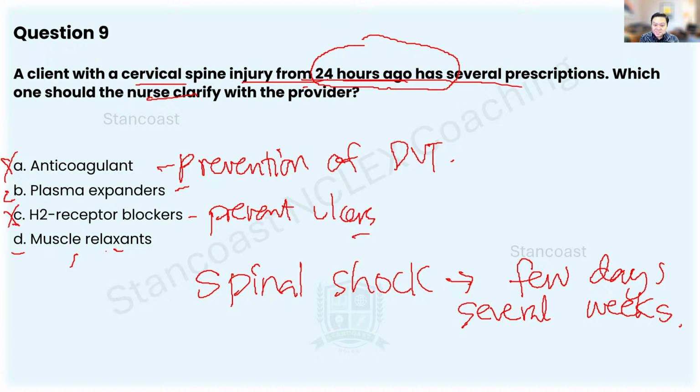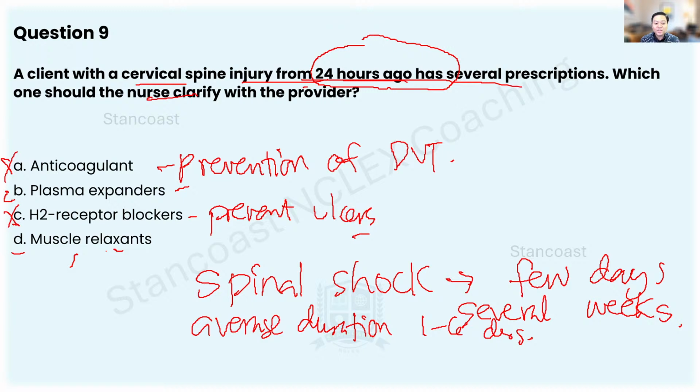And of course, the average duration is about 1 to 6 days. Or it can be shorter. But guys, when we are looking into the muscle relaxant, what do you expect in our patient? Do you think that the patient is spastic around this time?